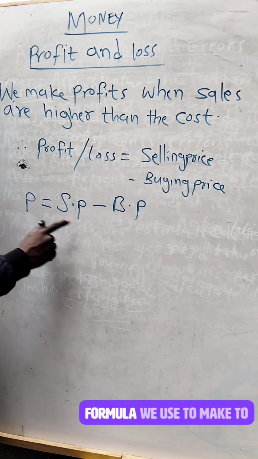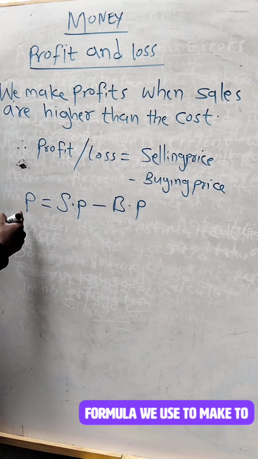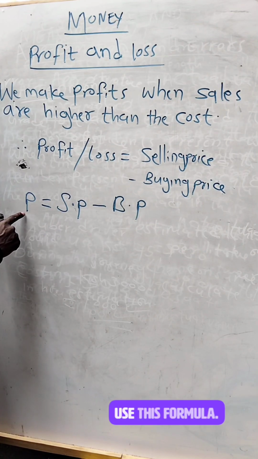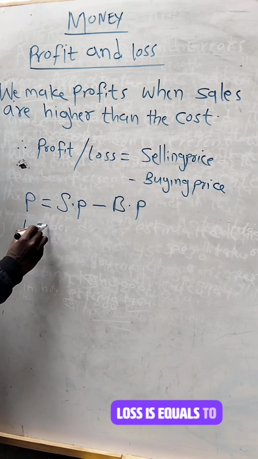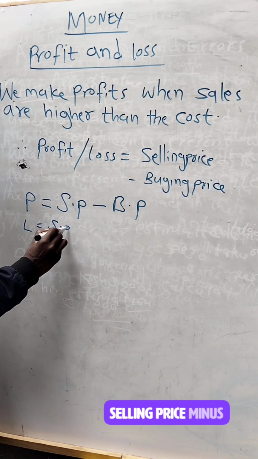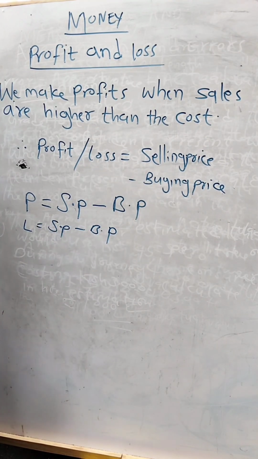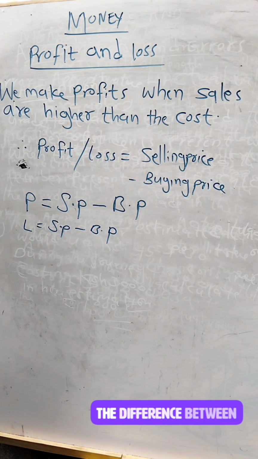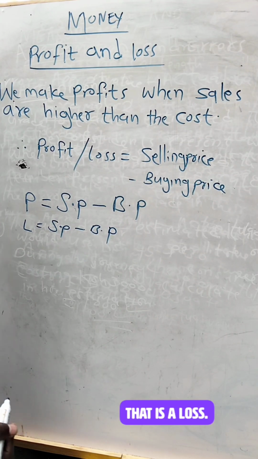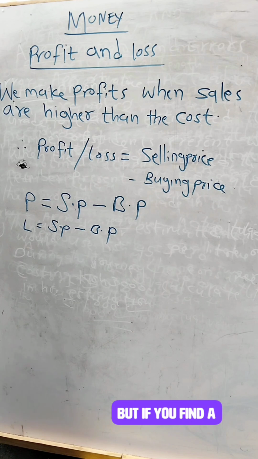So this is the same formula we use to find the loss: loss is equal to selling price minus buying price. When you calculate the difference between the selling price and the buying price, if you find a negative value, that is a loss. But if you find a positive value, that is a profit.